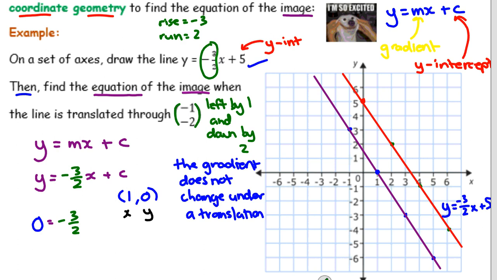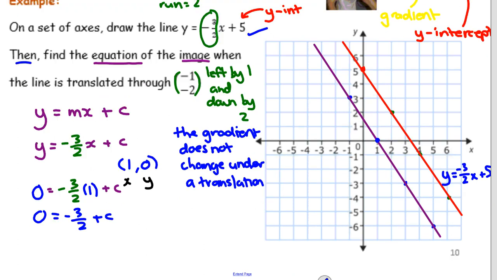So our x is 1, plus c. And I'm going to solve for that. So 0 equals -3/2 times 1 is just easy, -3/2 plus c. We're almost there. So our c must be equal to +3/2 or 1.5.